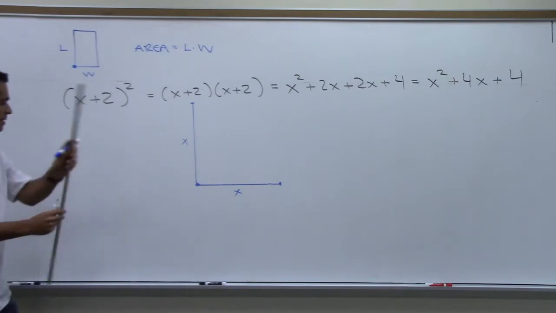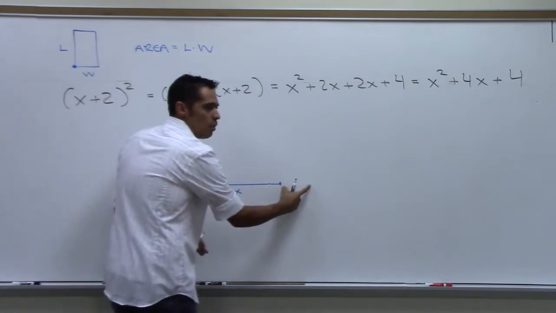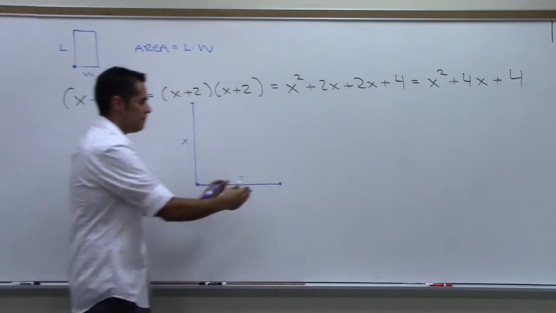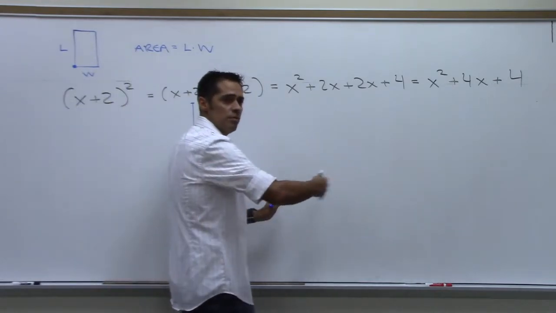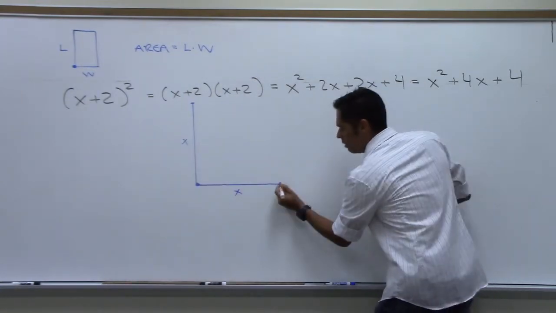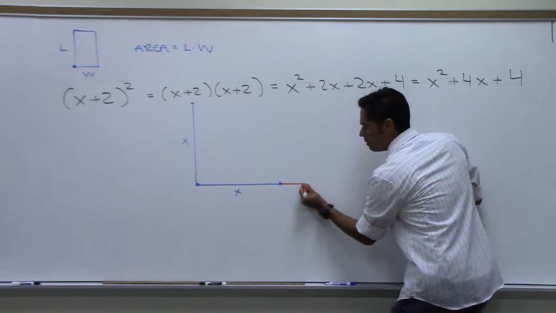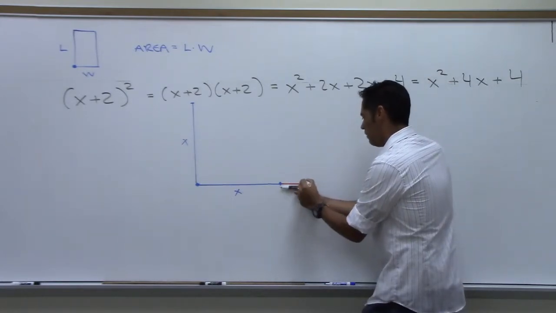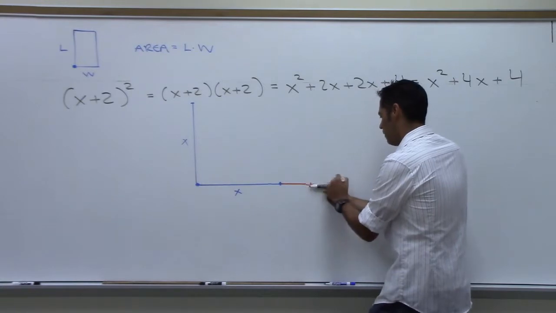Now I'm going to add to this X a little bit more. And I'm going to actually add 2. Now it could be 2 feet, 2 inches, 2 millimeters, 2 miles. It doesn't matter. But let's just call it 2 of something. Actually, I'll do 2 markers. How about that? So there's one marker. There's another marker. There.